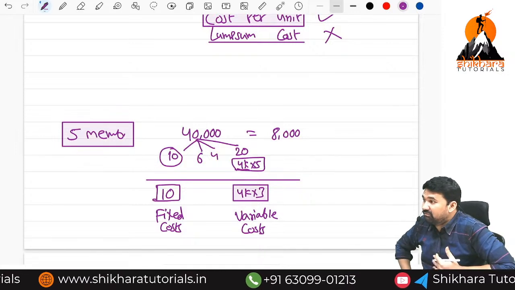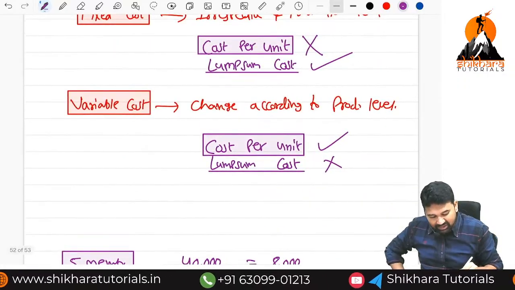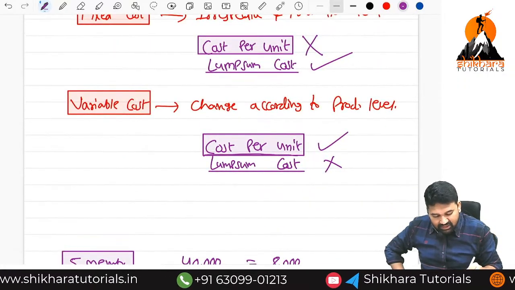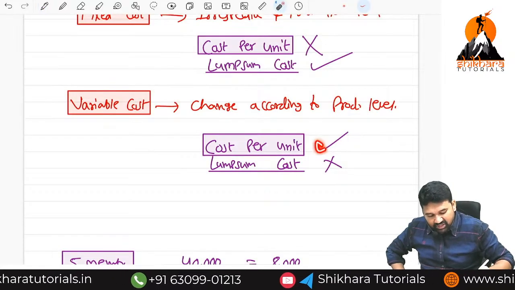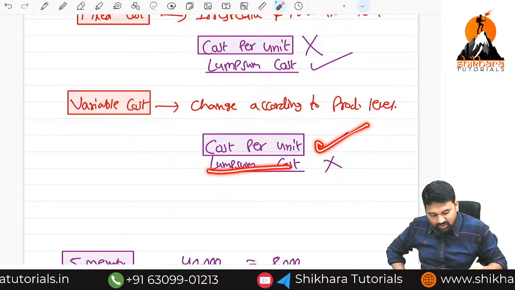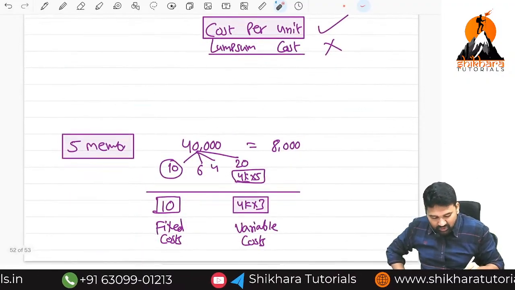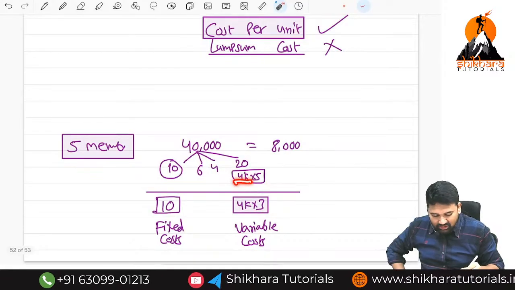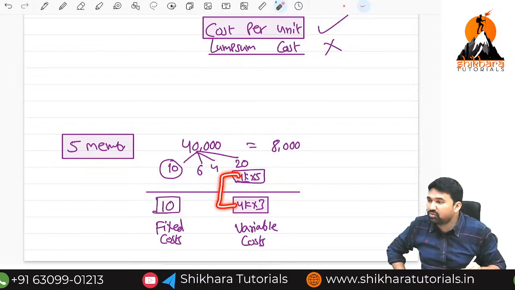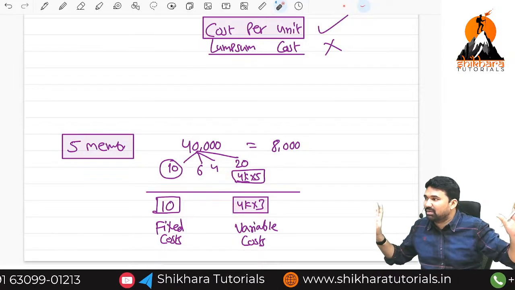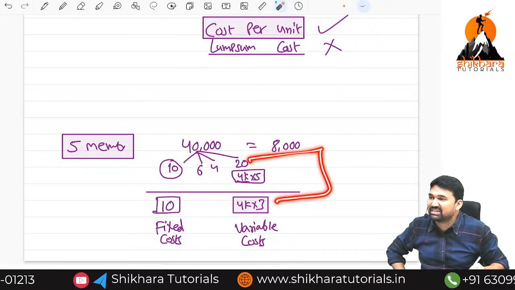Variable cost. Listen carefully. What I have written here in variable cost: cost per unit is fixed, whereas lump sum cost is not fixed. Here cost per unit is 4,000. Here also 4,000. So cost per unit 4K is fixed. But amount wise, here 20,000, but here 12,000, not fixed.